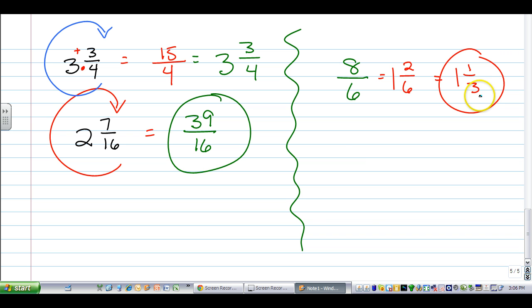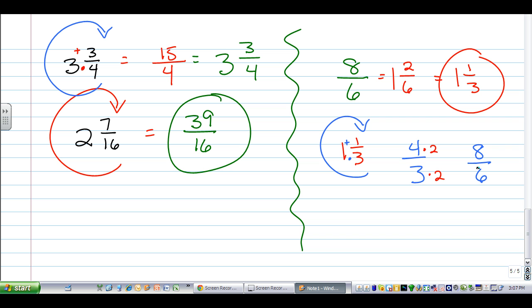Now if I take 1 and 1/3 and I give that the old swirly, 3 times 1 is 3 plus 1, I get 4/3. You might say, wait, Mrs. Aquino, 4/3, I started with 8/6. Well, those are equivalent fractions, because if I multiply the numerator by 2 and the denominator by 2, what do I get? 8/6.